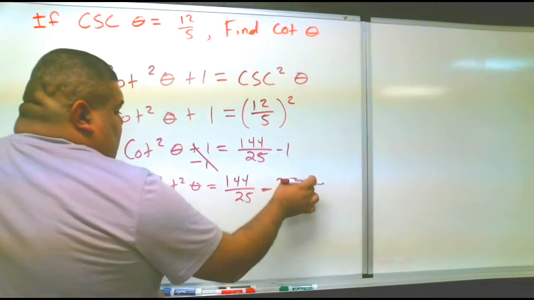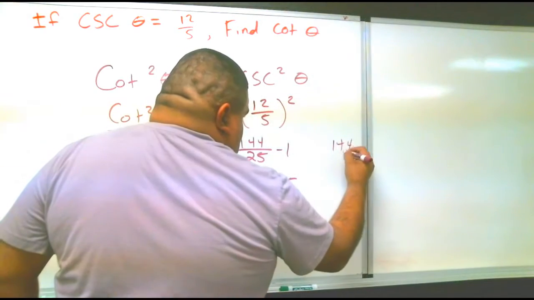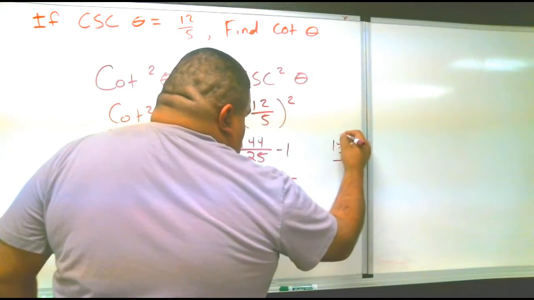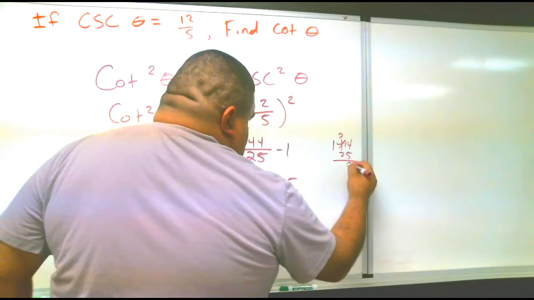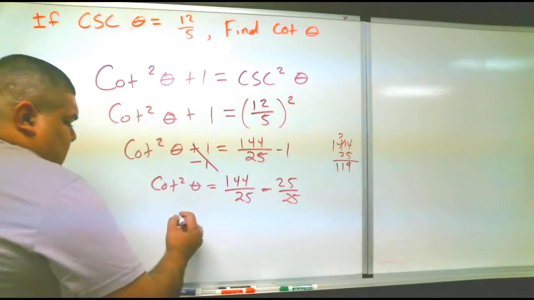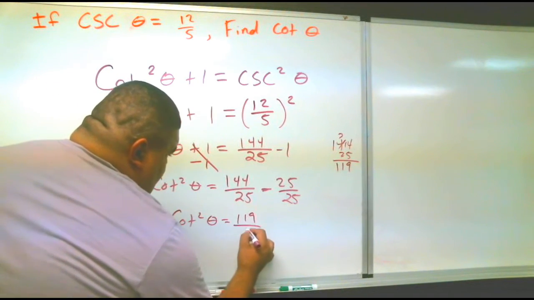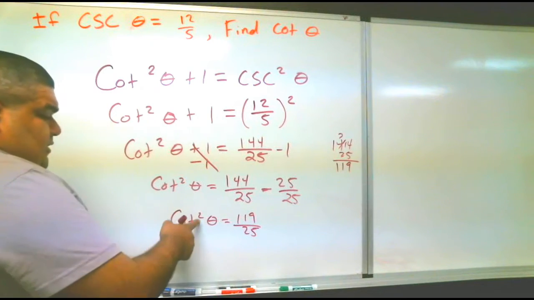So 144 minus 25. Let's do it the old-fashioned way. Borrow, that's 9, that's 1, 119. So we have cotangent squared theta equals 119 over 25.